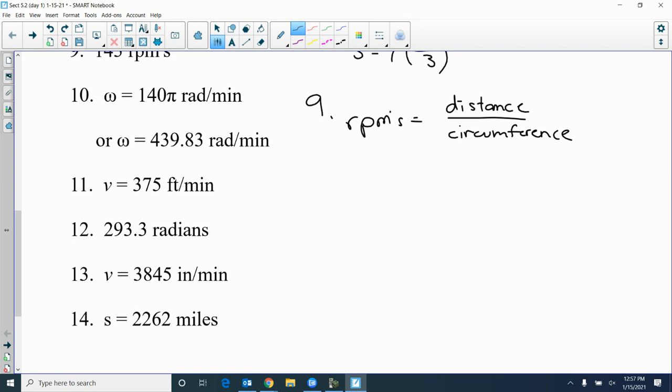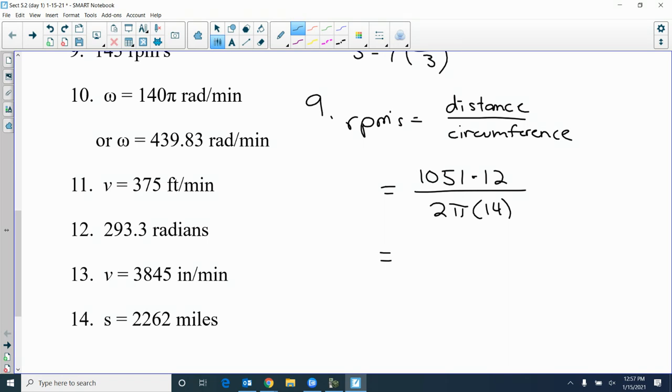We have to make sure they're in the same units. If it traveled 1,051 feet, that means it traveled 1,051 times 12 inches, since our circumference will be in inches. And the circumference is 2 pi times 14. Put that in your calculator.